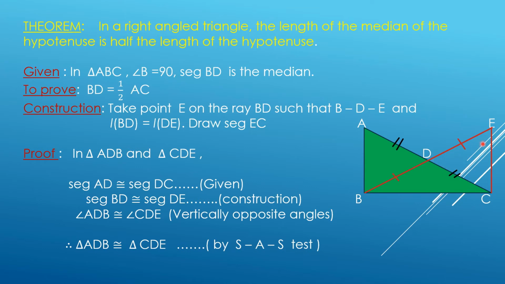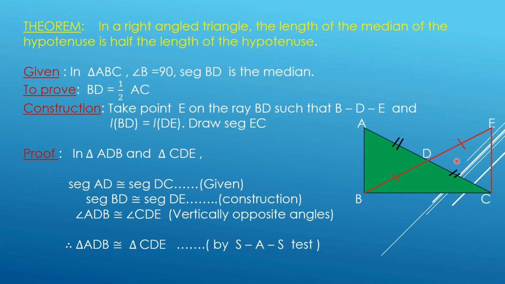In these two triangles, first we have to write the congruent parts. Segment AD is congruent to segment DC, that is given, and segment BD is congruent to segment DE, that is by construction, and angle ADB is congruent to angle CDE, as these two angles are vertically opposite angles.